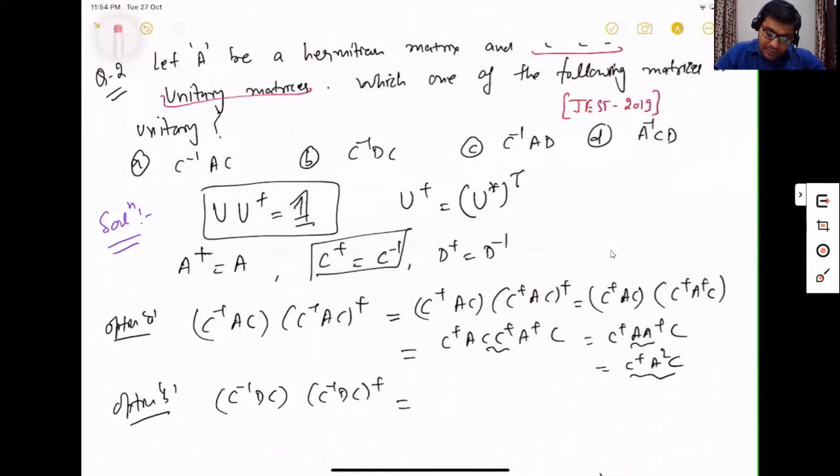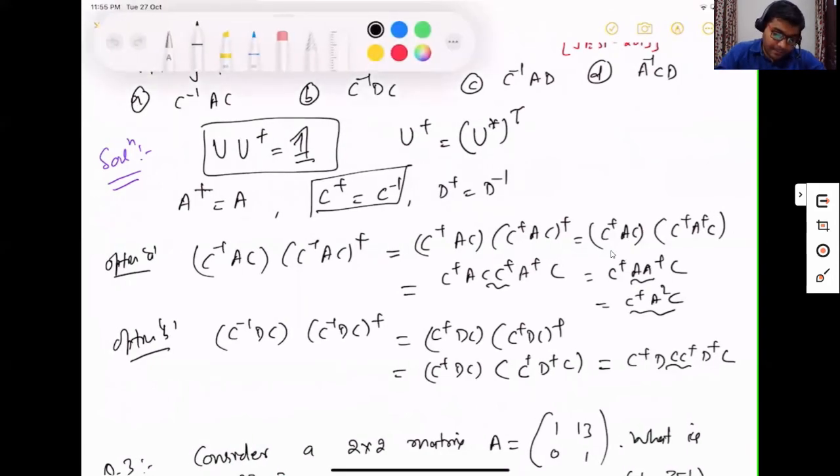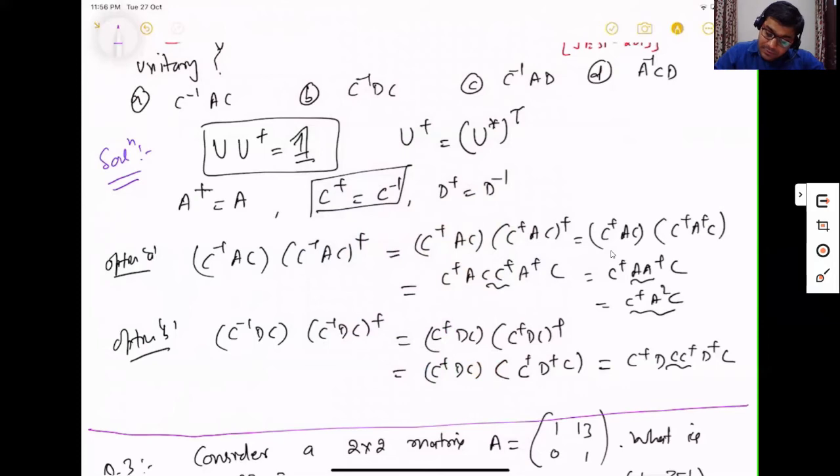C inverse is nothing but C dagger, so we have C dagger D C, and taking the dagger gives C dagger D dagger C. In the middle, C C dagger is identity, so I get C dagger D D dagger C. D D dagger is again identity, so C dagger C, which is again identity, because C and D both are unitary.